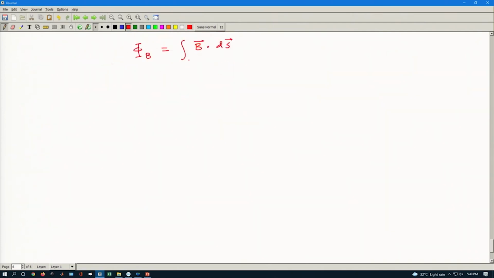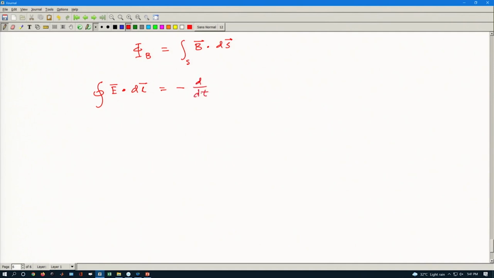This is over the surface. Now, according to this law, I have the integral of E dot dl, that is the EMF, which is equal to minus d/dt.